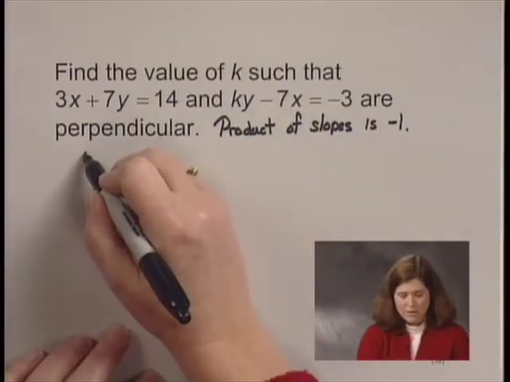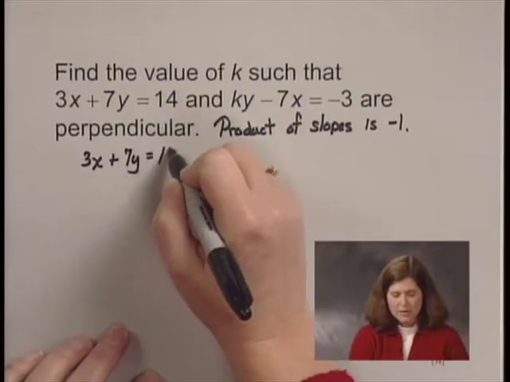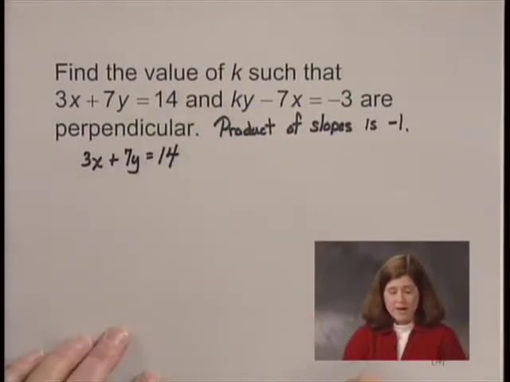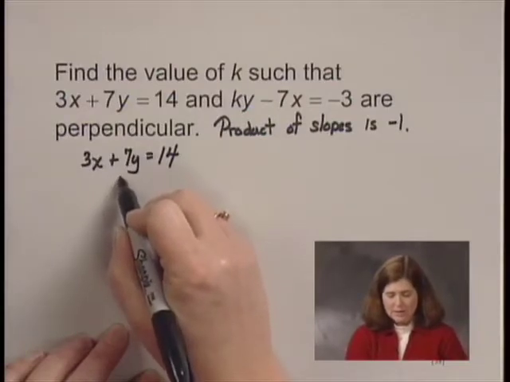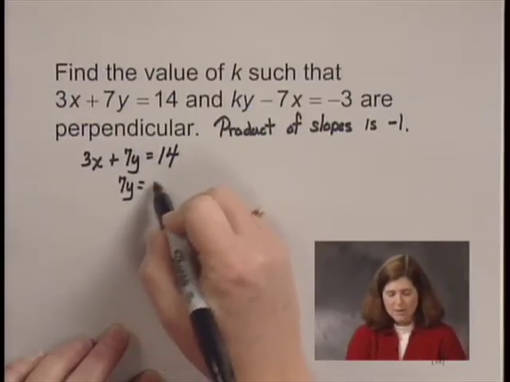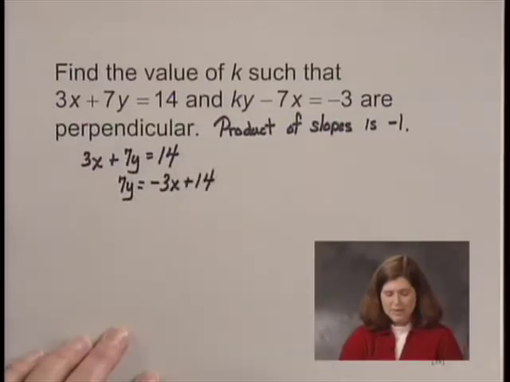We'll start with 3x plus 7y equals 14, and we'll solve for y. We subtract 3x on both sides, so we have 7y equals negative 3x plus 14.